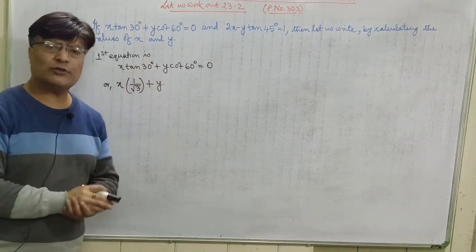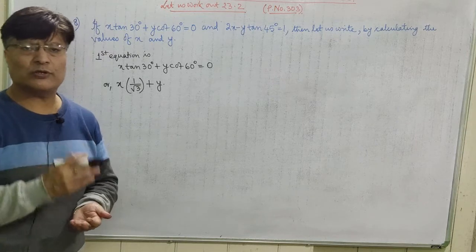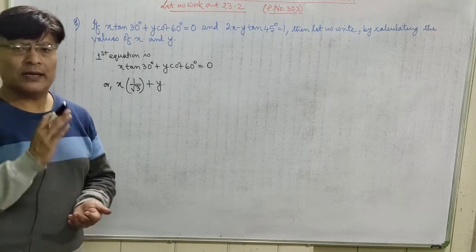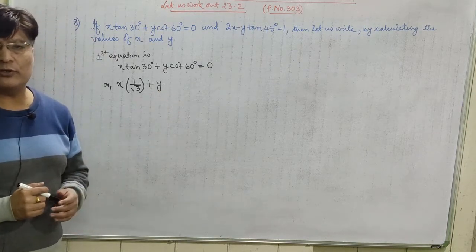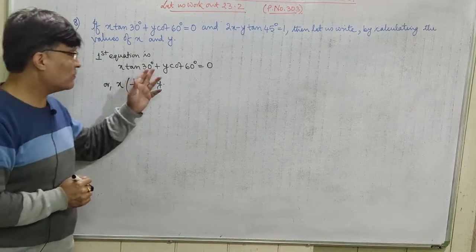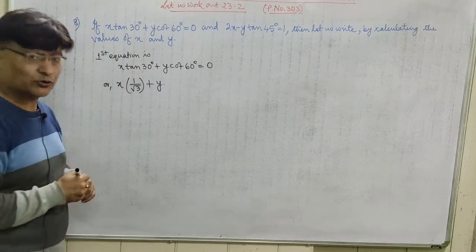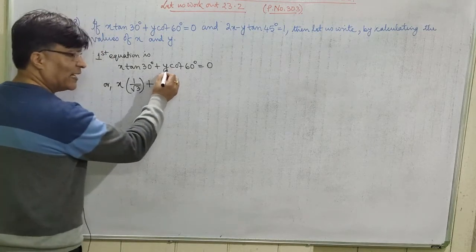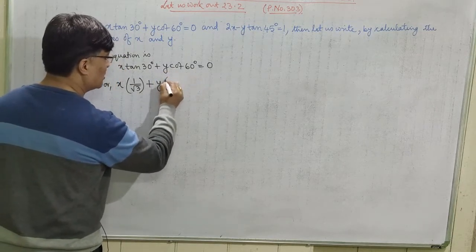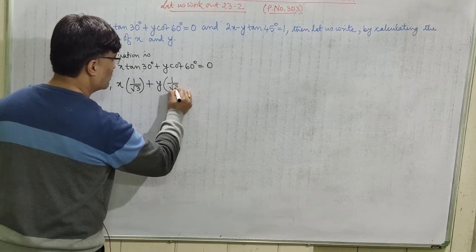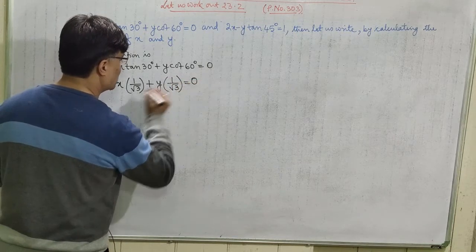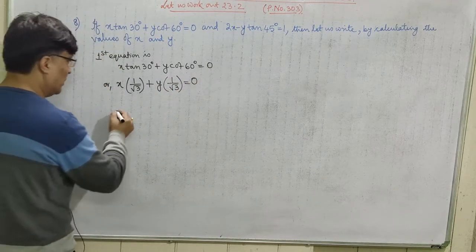So in order to know the value for cot 60 degree, you should know the value for tan 60 degree, and the value for tan 60 degree is equal to root 3. And what is the value for cot 60 degree? It is just the inverse, that is 1 by root 3. That is, if tan 60 degree is root 3, cot 60 degree is 1 upon root 3, bracket closed, which is equal to 0.